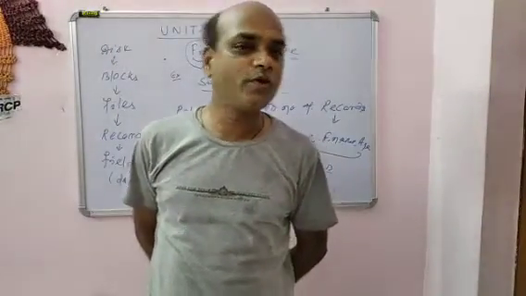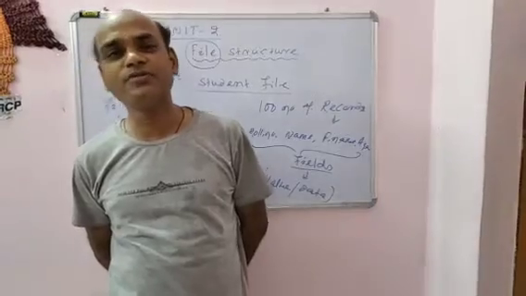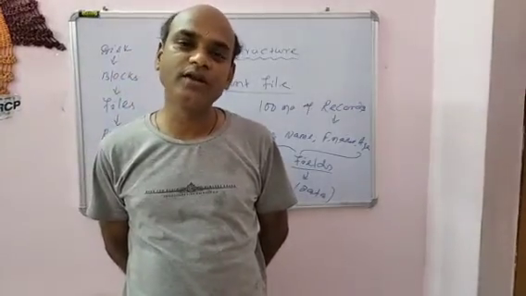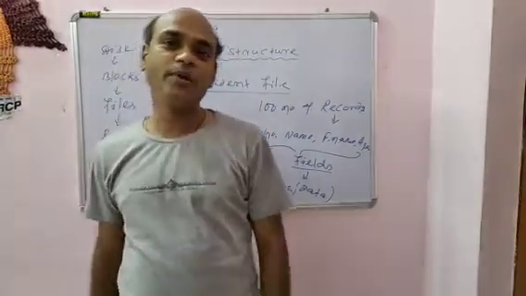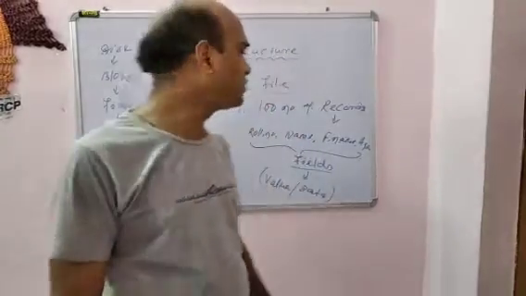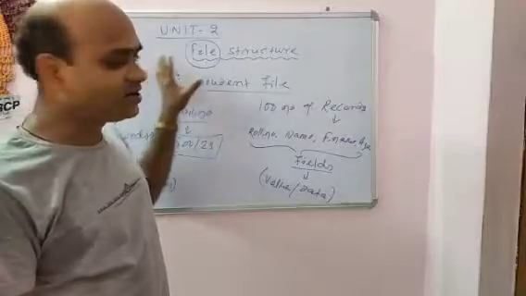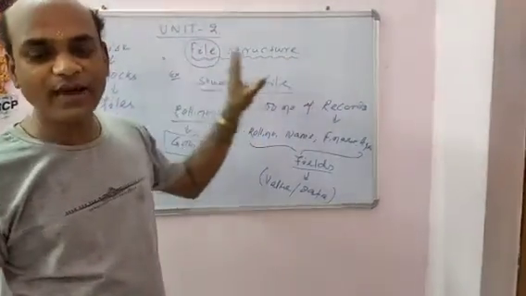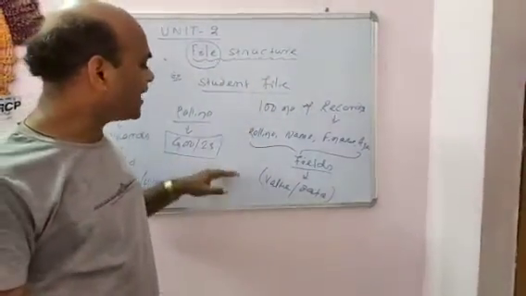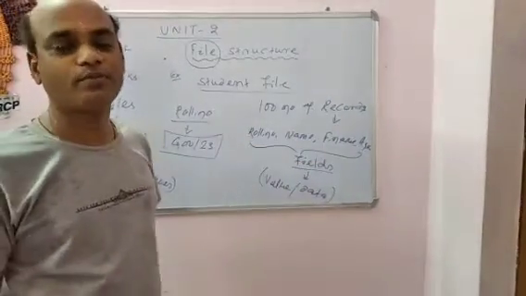The computer is a digital computer, so it uses the binary number system. So in binary format, we are storing data or values in the file. This is the file structure where different file operations are possible.